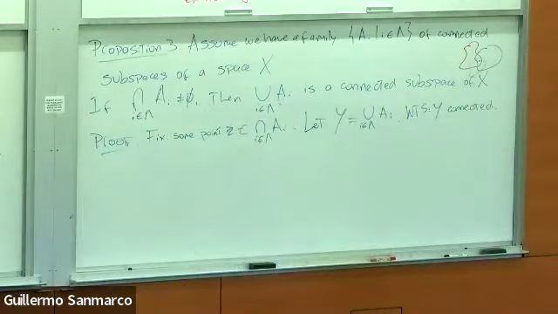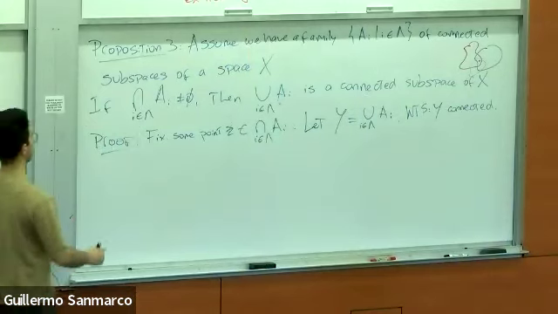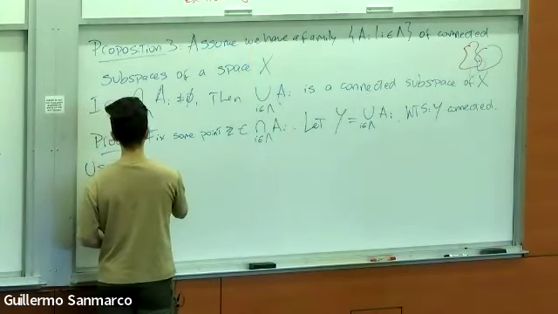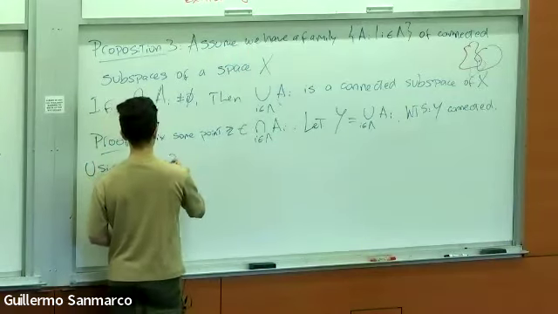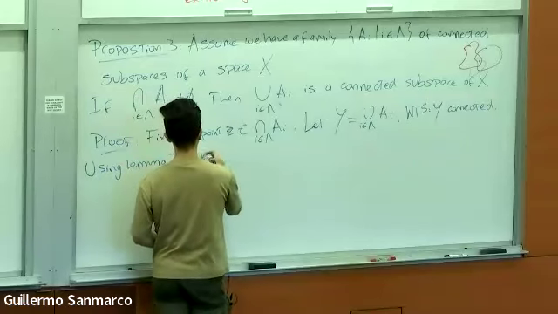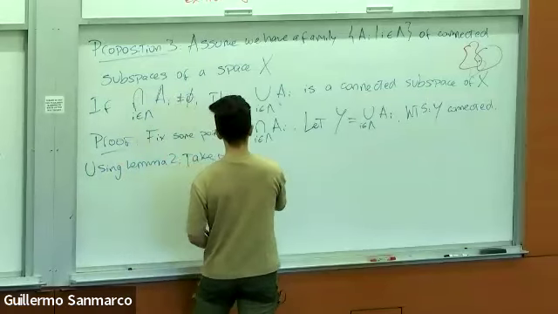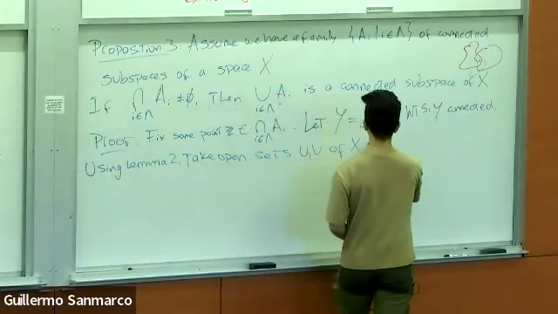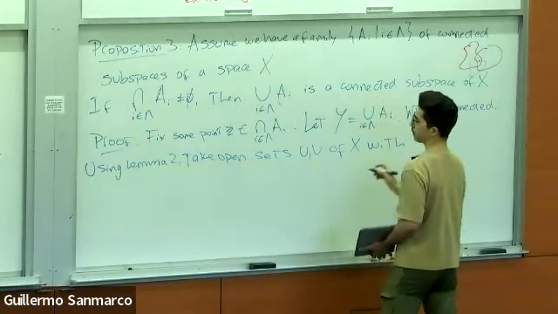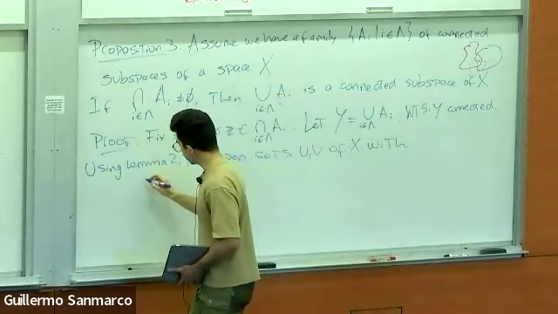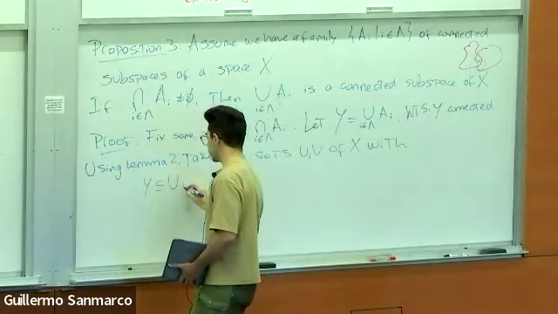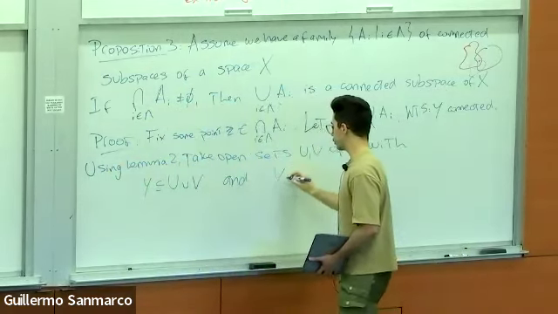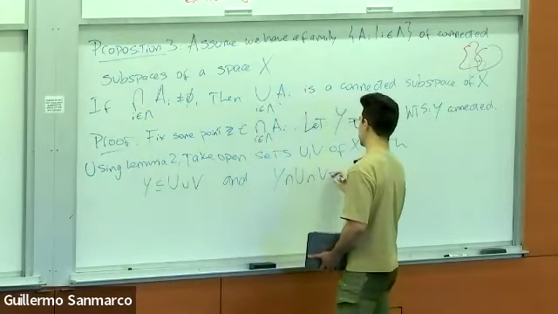Instead of taking open sets in Y, I'm going to take open sets in X. So, using lemma 2, take open sets U, V of X such that the set Y is inside the union, and when you take the intersection of them with Y, you get the empty set.